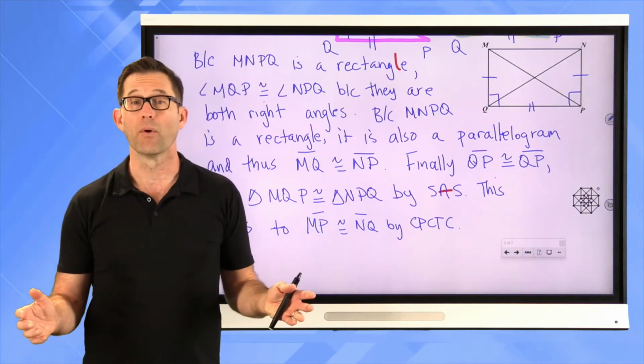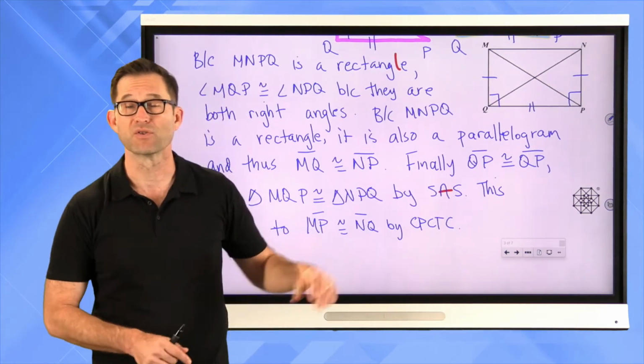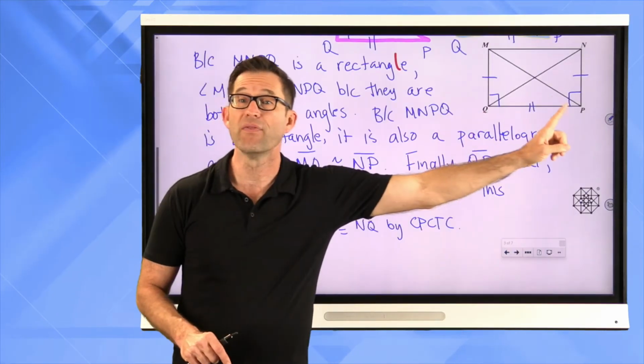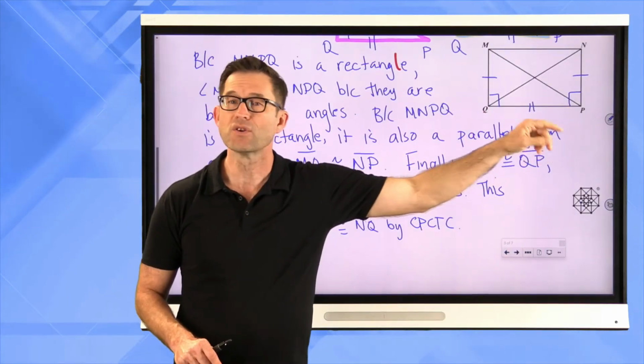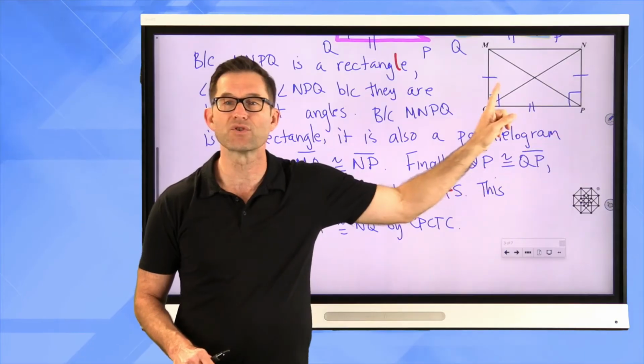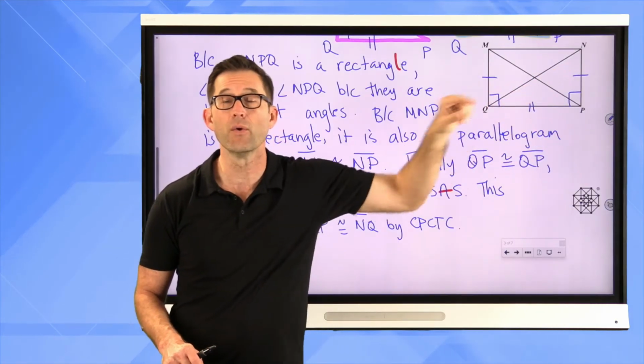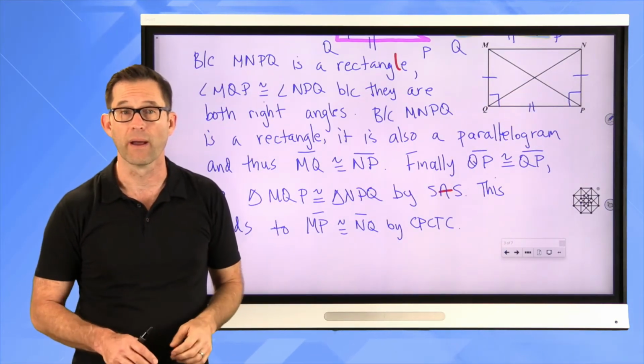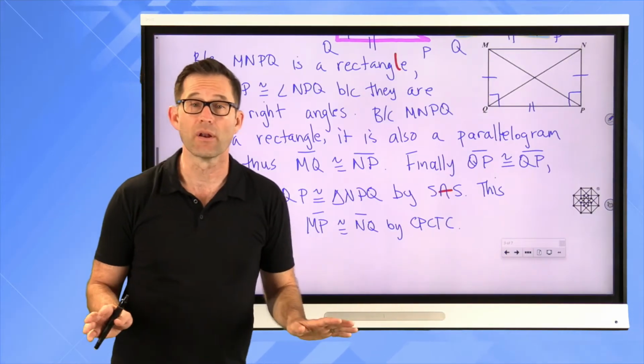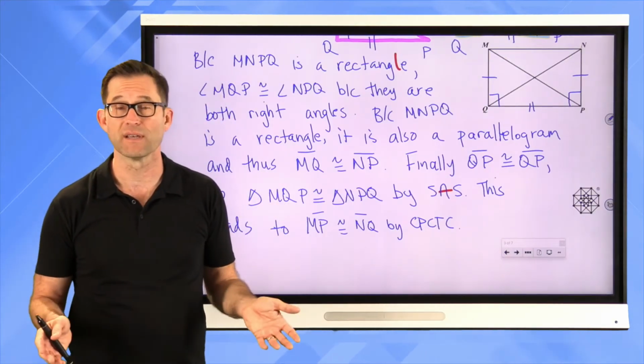And again, it's remarkable. In most parallelograms, this angle and this angle aren't congruent. So you can't conclude that this triangle and this triangle are congruent in a general parallelogram, and that's why in general in a parallelogram the diagonals aren't the same length.